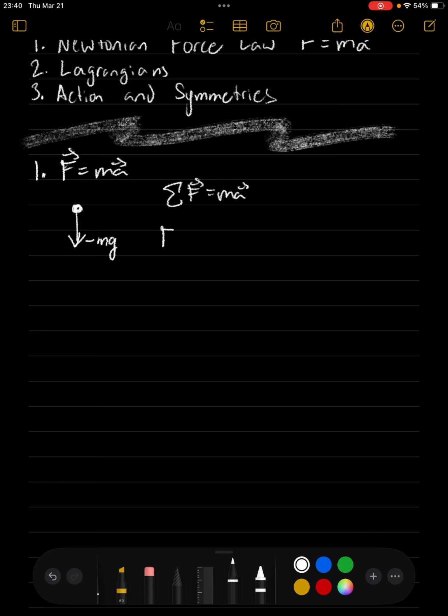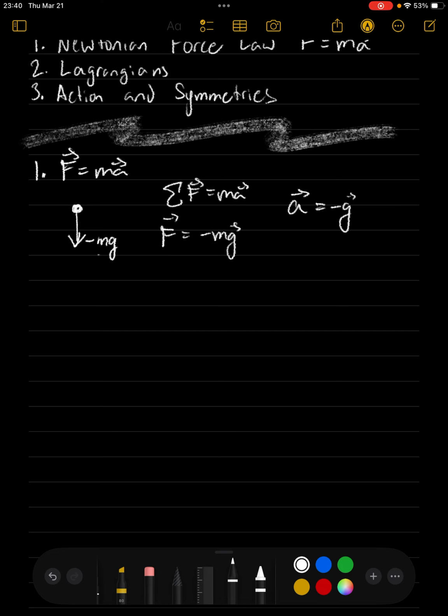We would see that the force, at least in this case, is just negative mg. And from there, we can see that a, the acceleration, is equal to negative g.